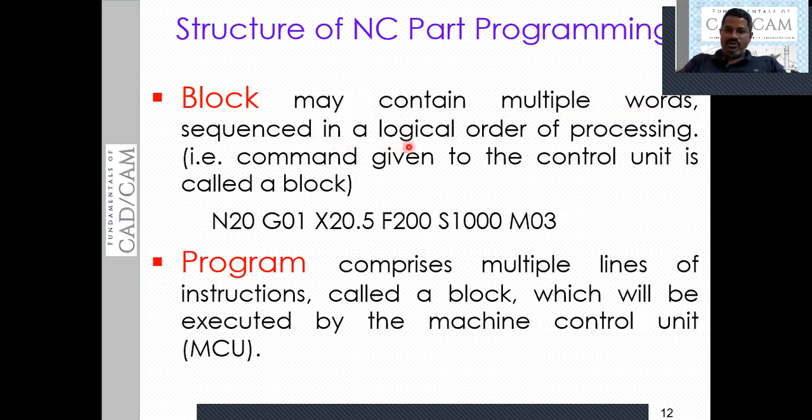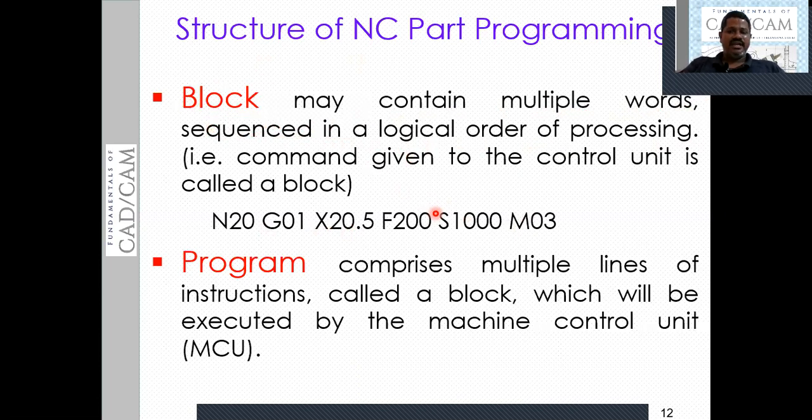All these blocks are sequenced in logical order of processing. So if we have a number of blocks, the first block will be executed first, then the next block will be executed next. In which order we give the blocks is very important.